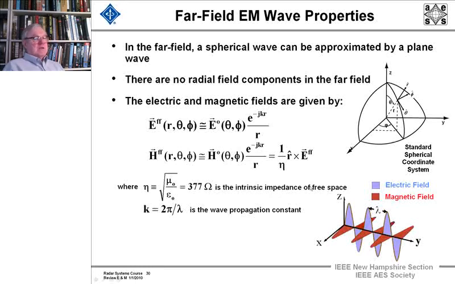It is the intrinsic impedance of free space, which is the square root of mu 0 over epsilon 0, and you can see that these constants are easily related to the speed of light. And k is just 2 pi over lambda, the wave propagation constant.